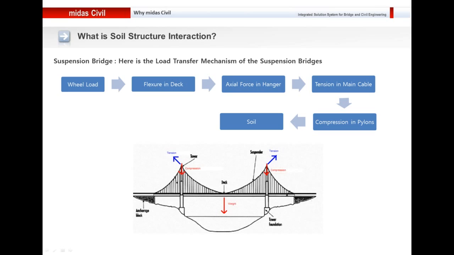Whatever bridges we design, they all include the transfer of load from one location to another, where the first location is the deck and the last location is the soil. How the load is transferred, we need to study, and in this particular seminar we'll see how the structure behaves with the soil, how it interacts with the soil.